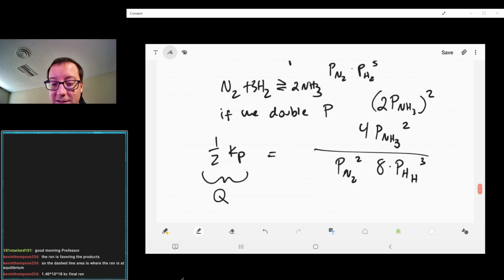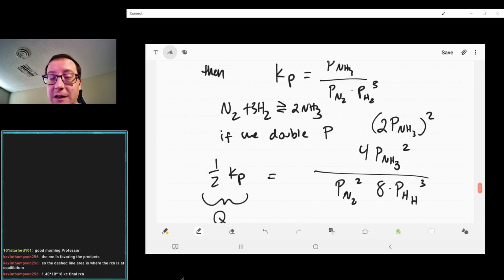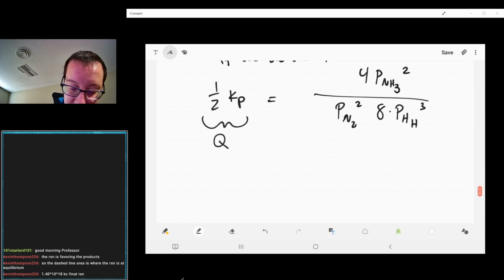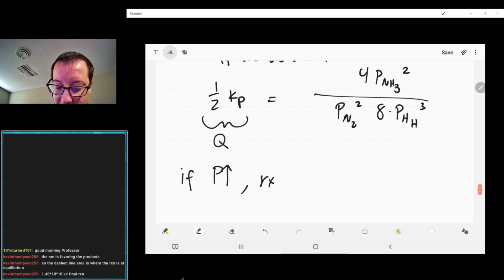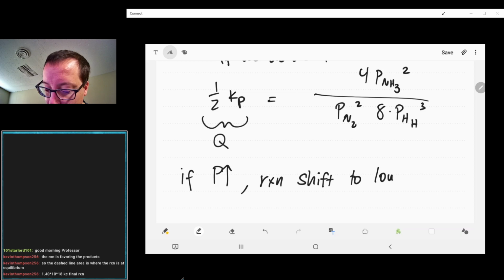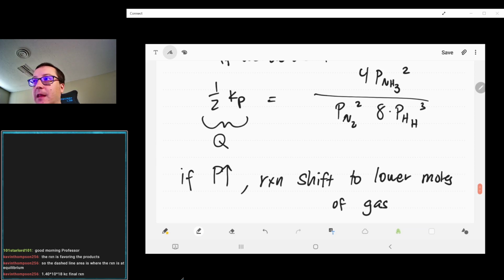If we increase the pressure, the easiest way to look at this is, if P goes up, the reaction will shift to the lower moles of gas. That's always going to be the case if you increase pressure.